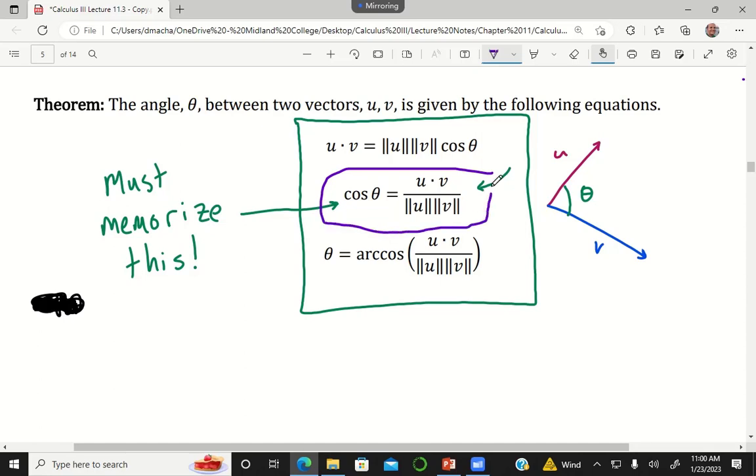So hopefully we've already memorized this formula: the angle between two vectors is given by the dot product of those vectors divided by their norms. Or another way you can think about this: since the angle between vectors doesn't depend on the length of those vectors, what if you just normalized those vectors and then took the dot product?